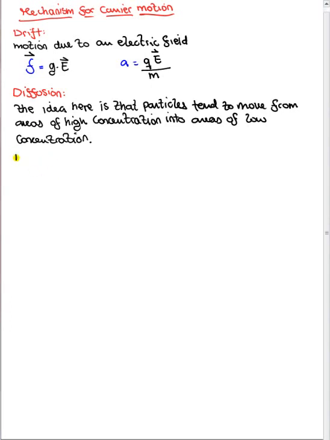In other words, particles' motion is driven by the concentration gradient. I will explain that in a little bit.